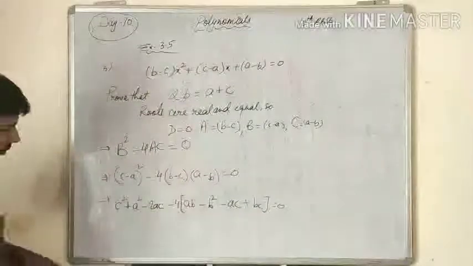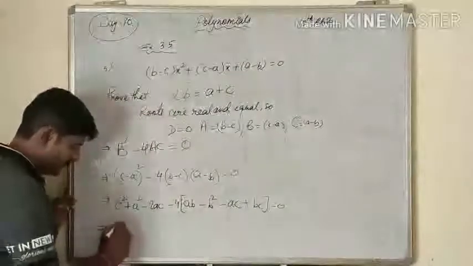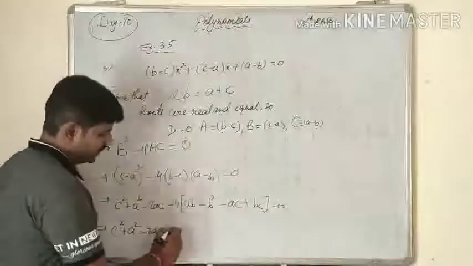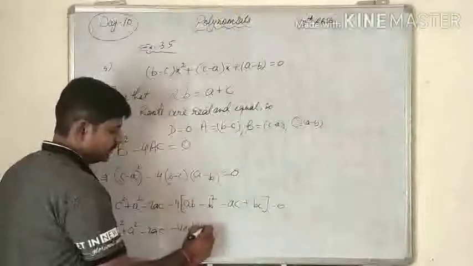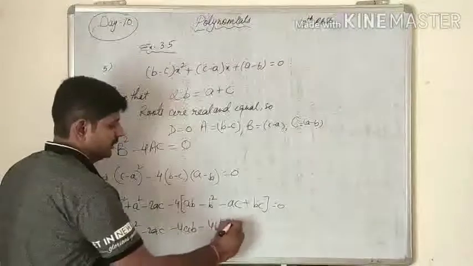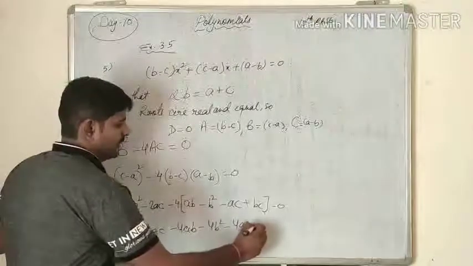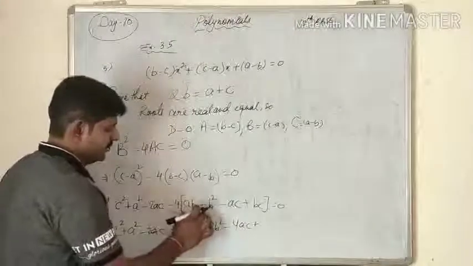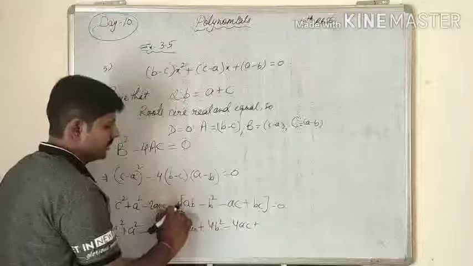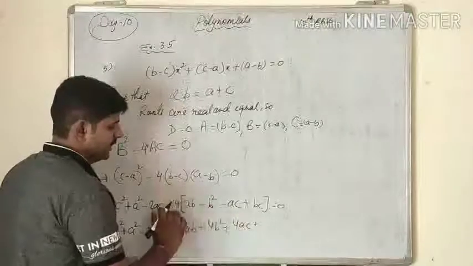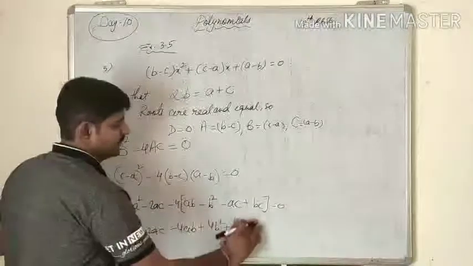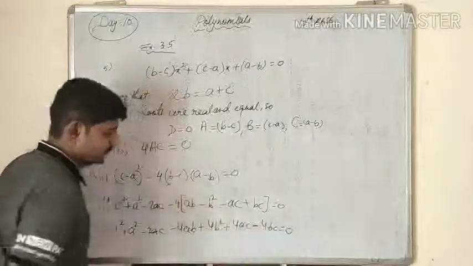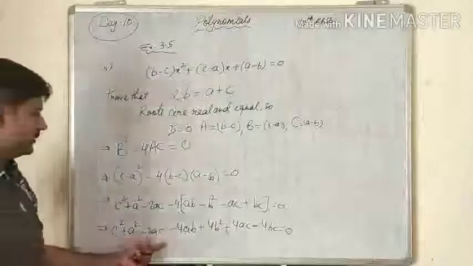Let's multiply this 4 also. c square plus a square minus 2ac minus 4ab minus 4b square minus 4ac, plus sign will be changed, minus minus plus, and minus plus is minus 4bc equals to 0.